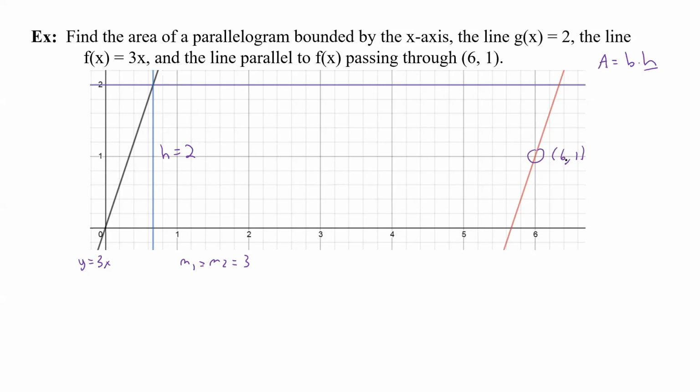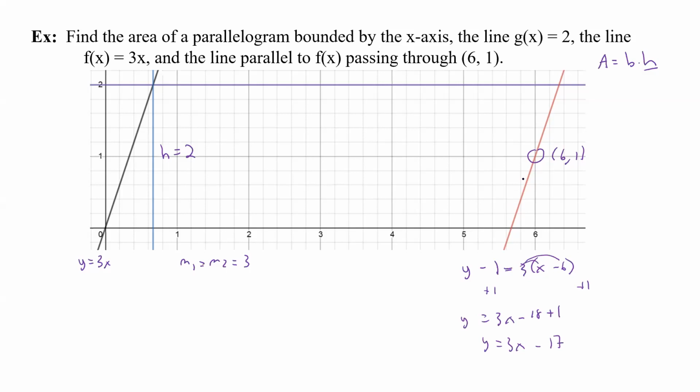We can use this point: y minus 1 equals the slope, which is the same, 3, times x minus 6. Now we just solve. We add 1 and distribute, so that's 3x minus 18 plus 1, or y equals 3x minus 17. So that's the equation of that line.